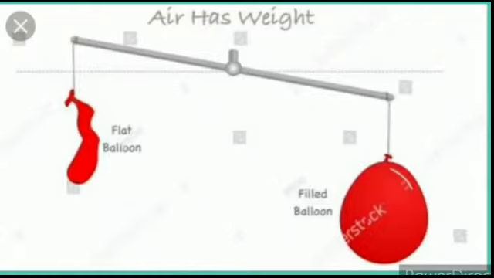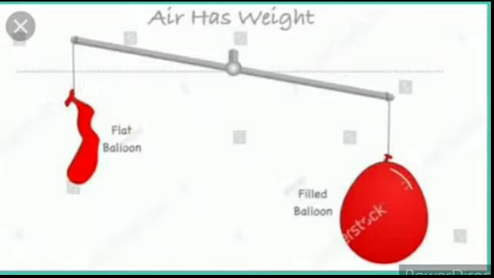Now, student, can you see on the two ends of the stick there are two balloons? One is a full blown balloon and on the other side there is a flat balloon. So student, if we release the air from one side of the balloon, what will you see?